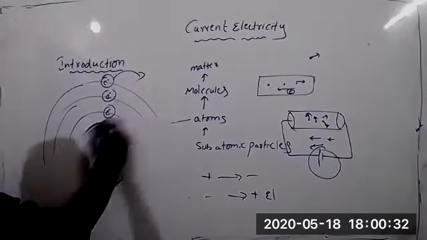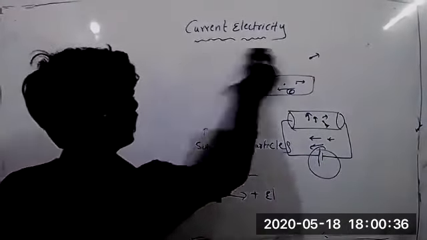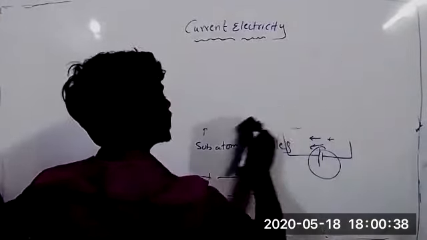Now write the definition for current. The rate of flow of charges causes current. Flow of charges causes current.